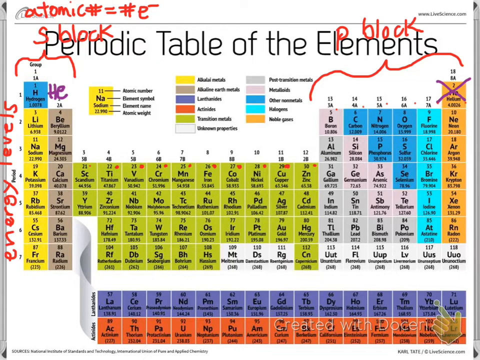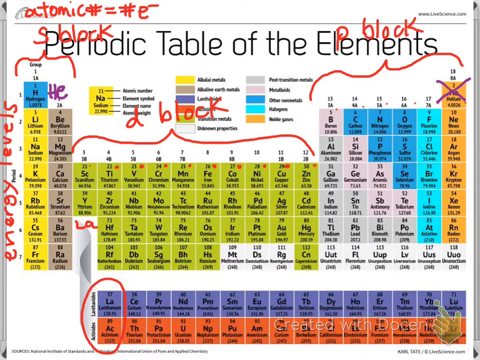This is my D block. What that means is I'm putting electrons here into my D sublevel and into D orbitals. Now, on this periodic table, these 2, in my opinion, should be right here and right here. So we're going to kind of ignore these 2 here.